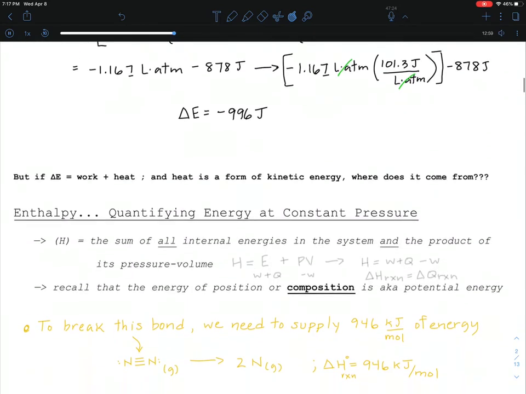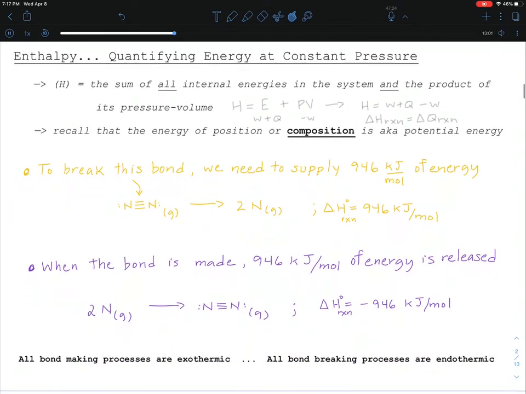For enthalpy, this is going to be a new symbol here, capital H. This will end up being the sum of all of the internal energies in the system, so potential and kinetic energy. And that's going to be a big deal for us, the potential energy, the energy of composition, remember? And all of the products of its pressure volume work.